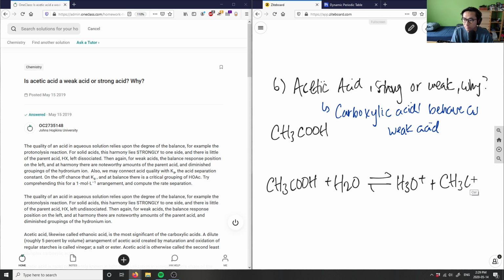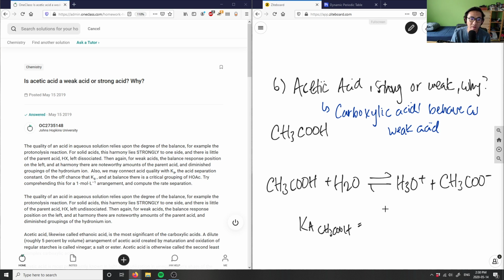And I have a Ka specified for CH3COOH, which I believe is 1.8 times 10 to the negative 5, or 1.76 times 10 to the negative 5.